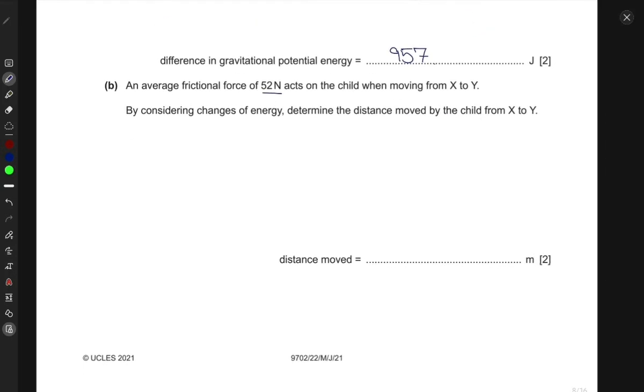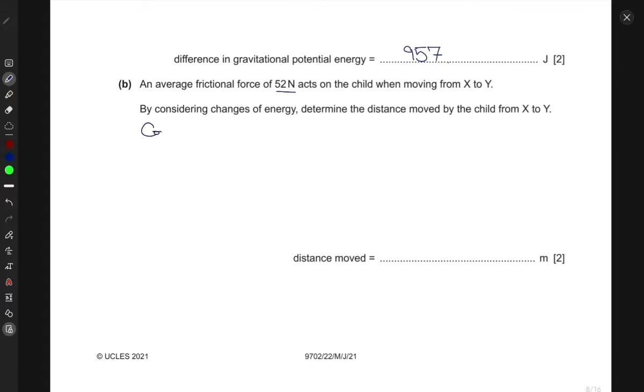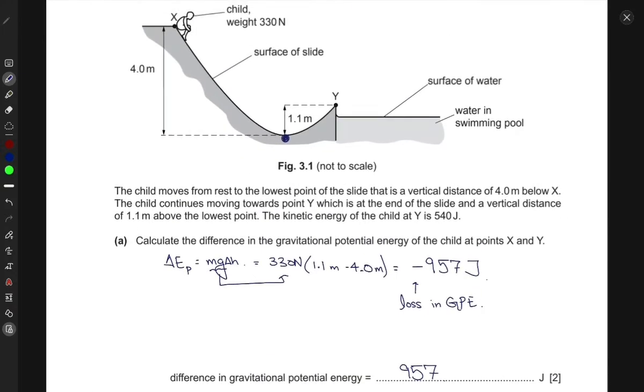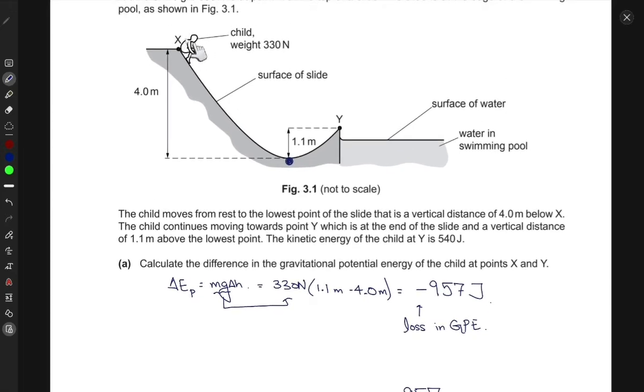Now here we can use the principle of conservation of energy. The conservation of energy tells you that the potential energy at point X should be equal to the kinetic energy at point Y plus the potential energy at Y, because it's still at some distance from this reference point.